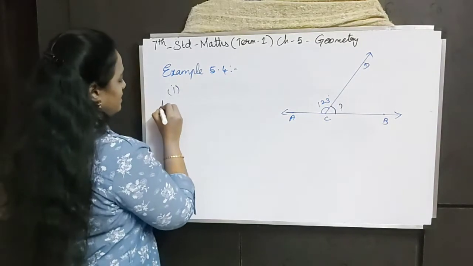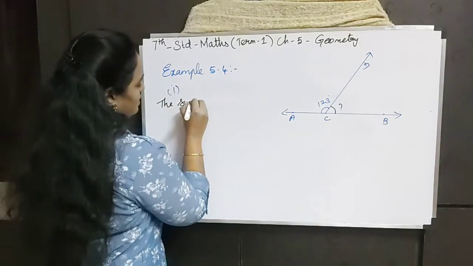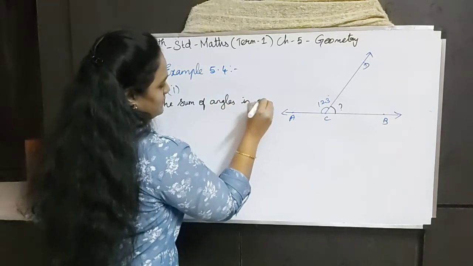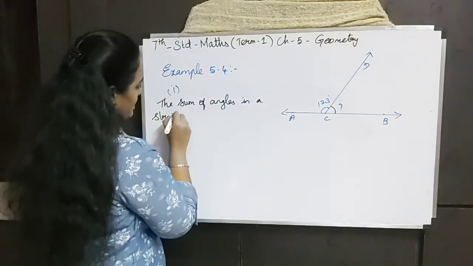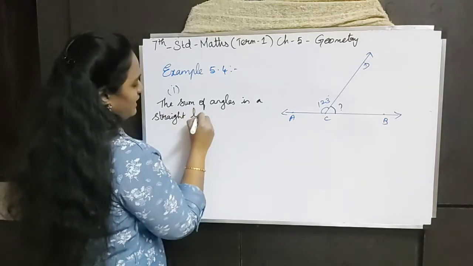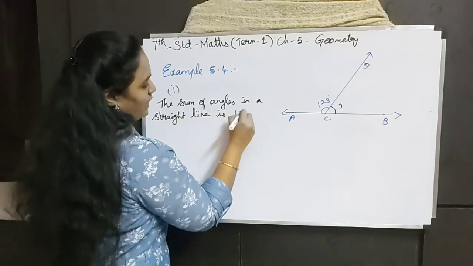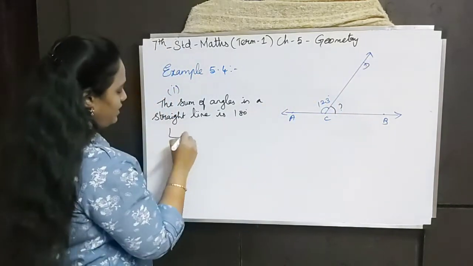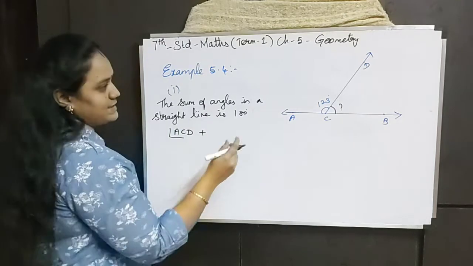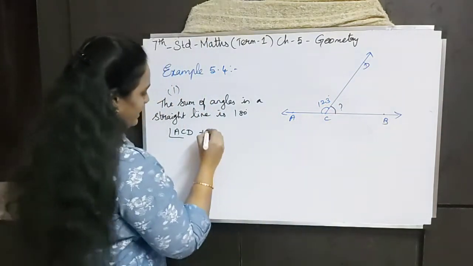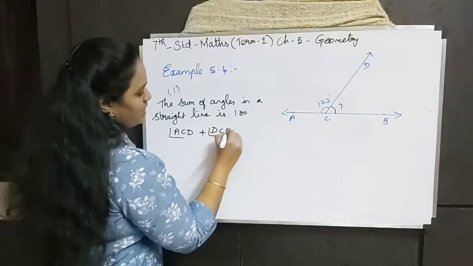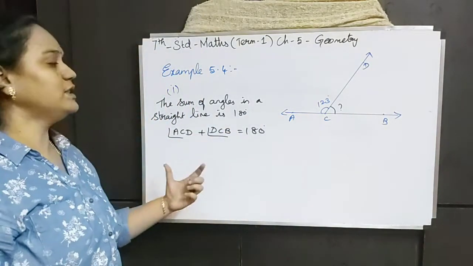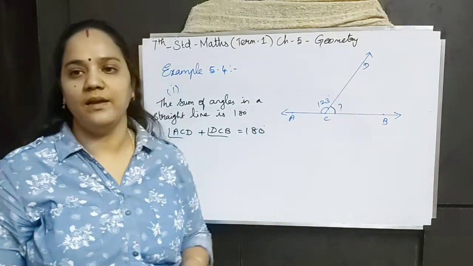So, angle ACD plus angle DCB is equal to 180 degrees. This is the property, right? So using this property, we are going to find the missing angle.